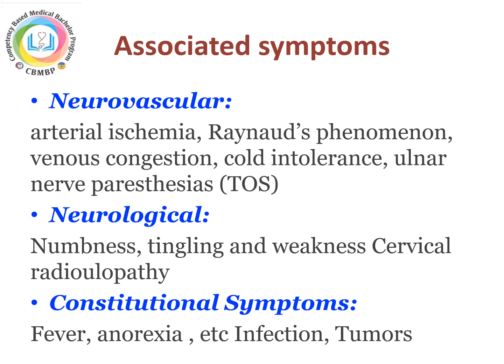The associated symptoms of shoulder pain help you to differentiate the cause, like neurovascular structures: arterial ischemia, Raynaud's phenomena, venous congestion, cold intolerance, ulnar nerve paresthesia. All these are manifestations of thoracic outlet syndrome, which is an entrapment of the lower trunk of the brachial plexus and the neurovascular bundle.